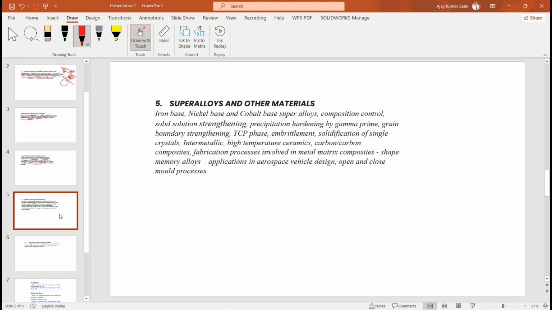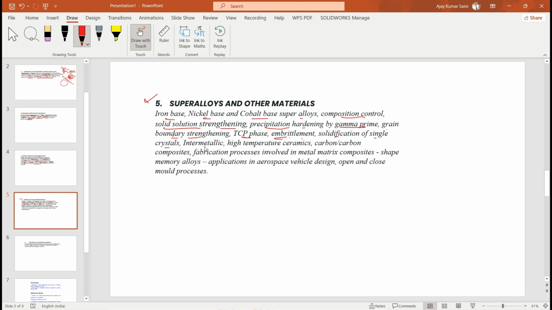Okay, and it is our second last chapter, which is alloys and the other materials. So it is alloys actually based on the iron base, nickel base, cobalt base, superalloys, component controls. Okay, and the solid solution strengthening and precipitation hardening by the gamma prime, and grain boundary strengthening, TCP phase, and embrittlement, solidification of the single crystal.